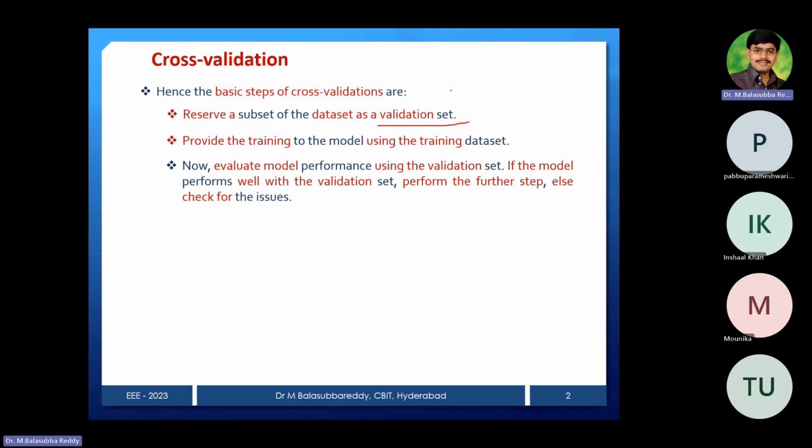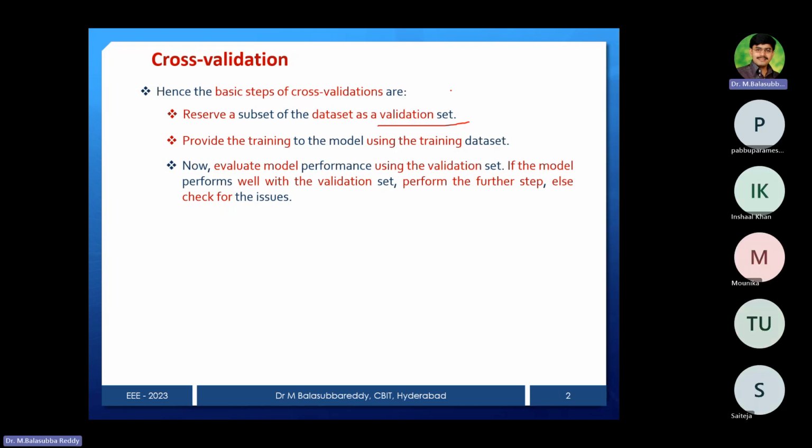Evaluate the model performance using the validation set. Where do we get this validation set? It is from the training data set only, but that portion of samples or instances was not previously used for training purpose. It is only for the validation set.